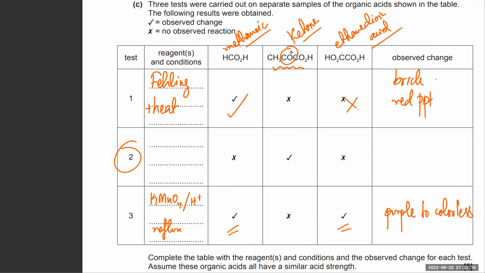So what do you think? In AS, what does a ketone react with? Ketones react with 2,4-DNPH. Ketones have a very specific reaction with 2,4-DNPH, and it gives an orange precipitate.